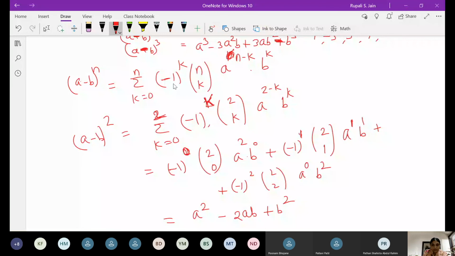Here minus 2ab. Then minus 1 square is 1, 2 choose 2 is 1, a raised to 0 is 1, and b square. Is that okay? So our formula is correct, this formula.